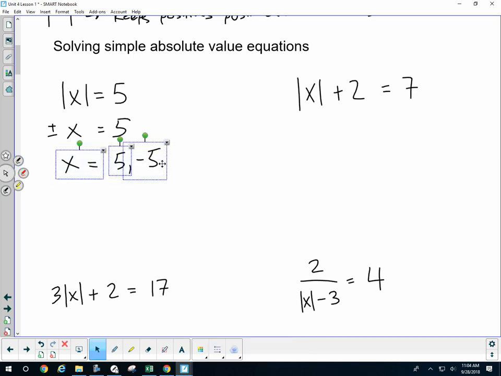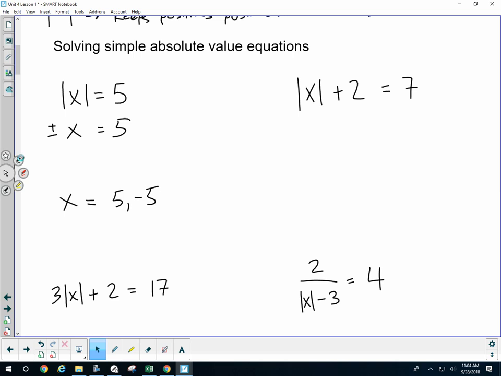And what I can do with that plus or minus is actually move it over here to the right side. And this is the key, is that we are looking for both a positive value and a negative value to solve an absolute value equation.